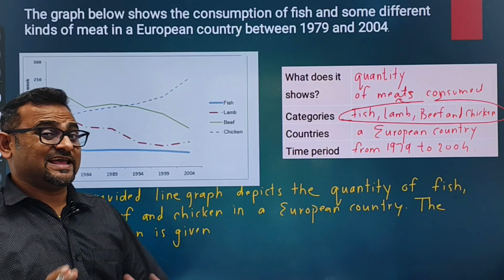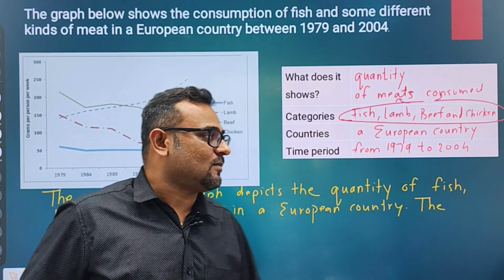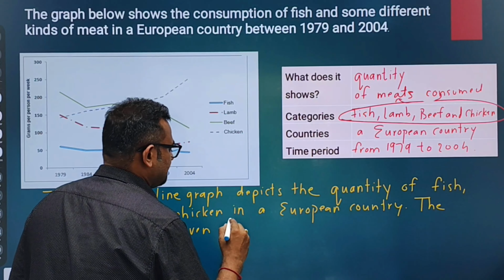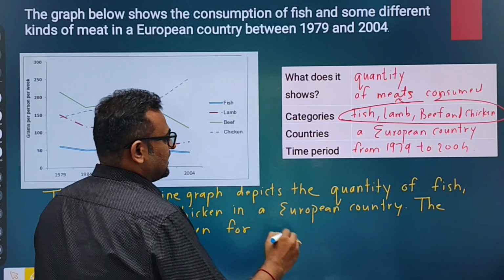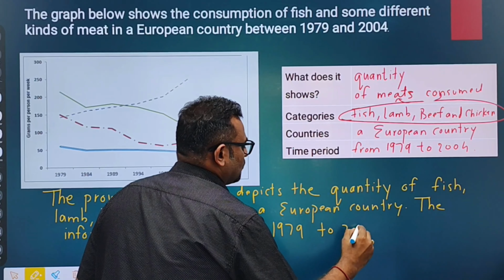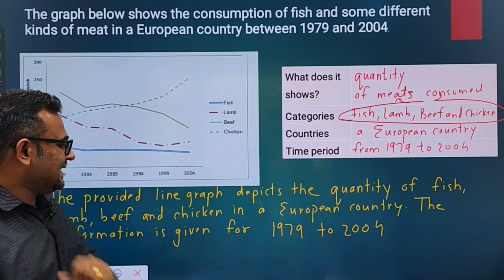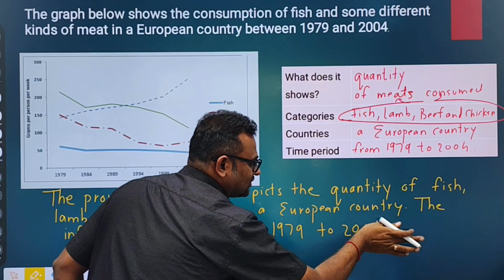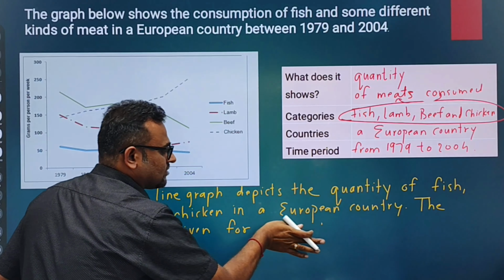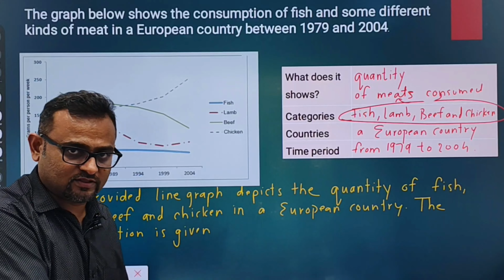Now see, there is a line graph. It is given from 1979 to 2004. Okay. Now we can make it interesting. So it was from, not for. There was a mistake.